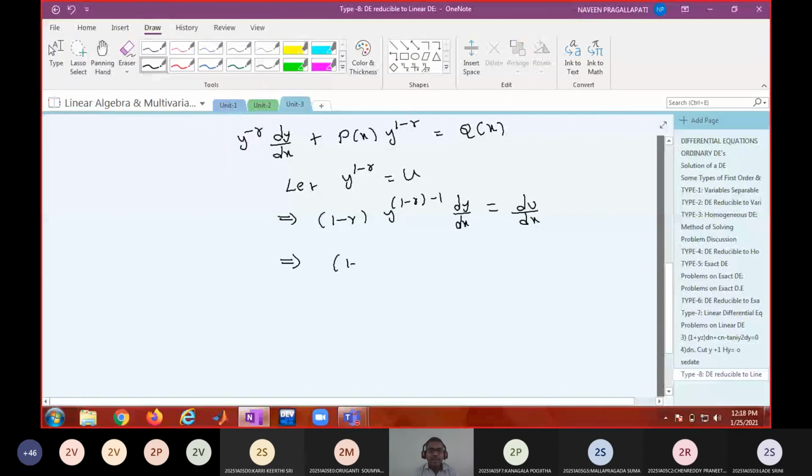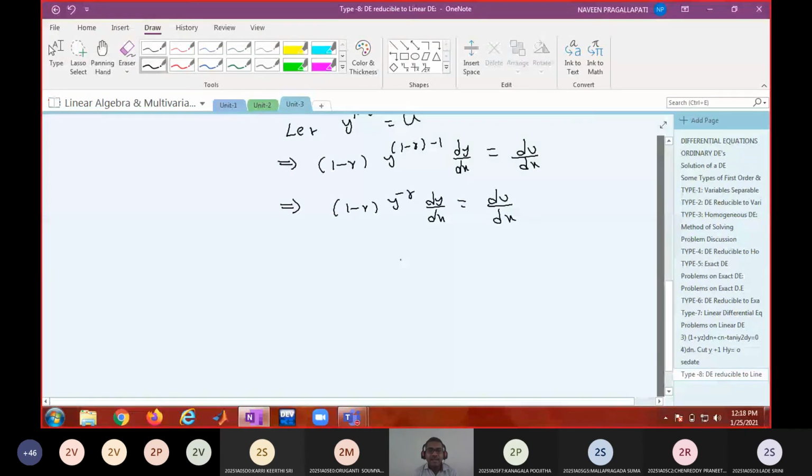That is 1 minus r into y power minus r into dy by dx equal to du by dx. Now y power minus r into dy by dx is 1 by 1 minus r du by dx. Do you agree?